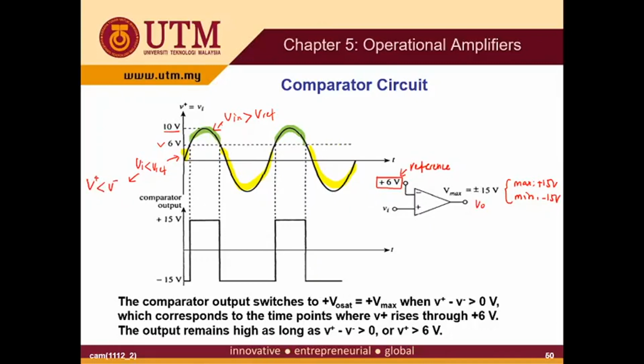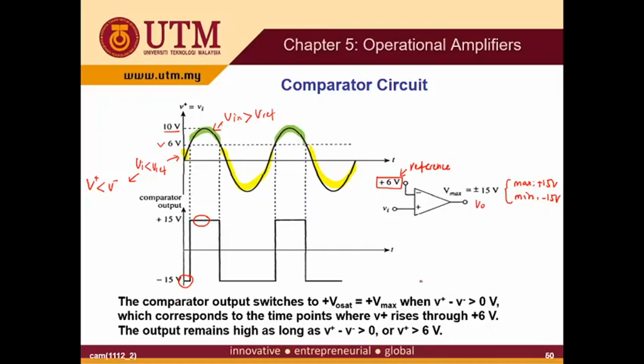When V plus is lower than V minus, we have the minus VCC, the minimum voltage, minus 15. In this case, when the V in is larger than V reference, the output is equal to the maximum voltage, 15 volt. So you can draw it accordingly, until the end of the waveform.